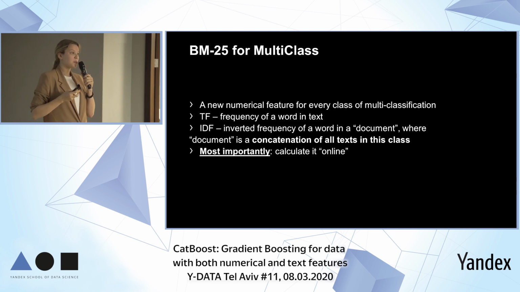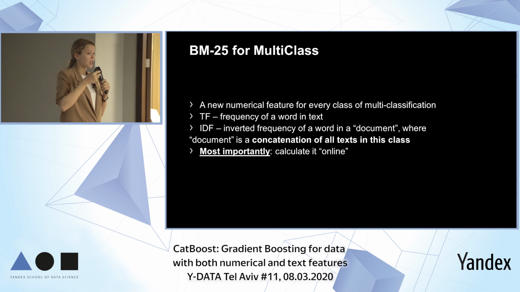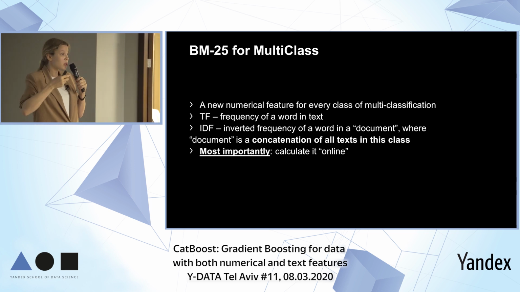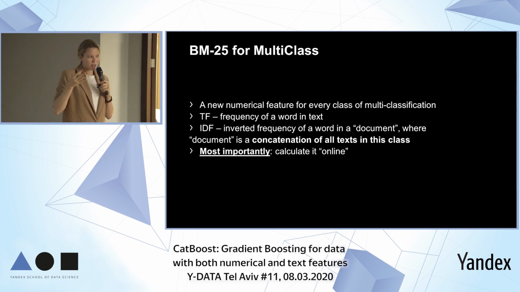The next one is called BM25. We calculate it for multi-classification problems. And here again, you have a new numerical feature for every class. This feature tries to understand which words are the most important ones for this class. So what is the most important word?